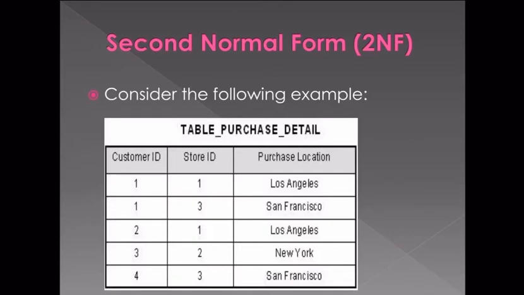The non-key attribute is purchase location. In this case, purchase location only depends on store ID, which is only part of the primary key. Therefore, this table does not satisfy second normal form.